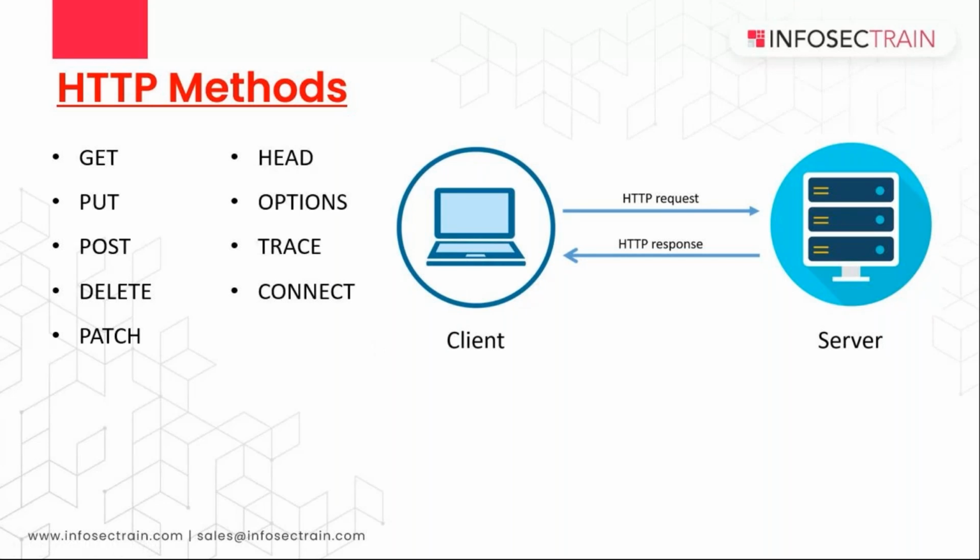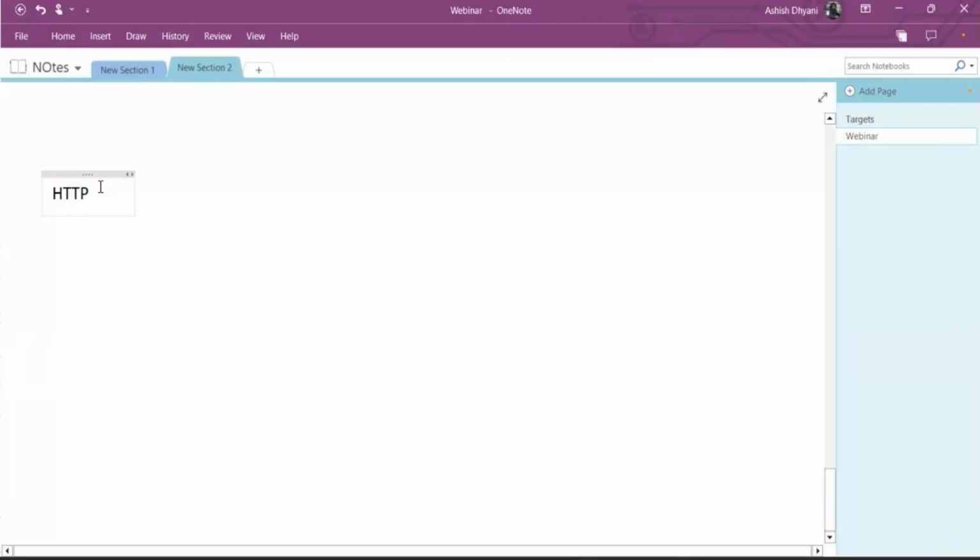HTTP stands for Hypertext Transfer Protocol, right? It is an application protocol for distributed, collaborative, and hypermedia information systems. And HTTP is the foundation of data communication in the World Wide Web, right? So, as I'm saying, HTTP is a protocol.